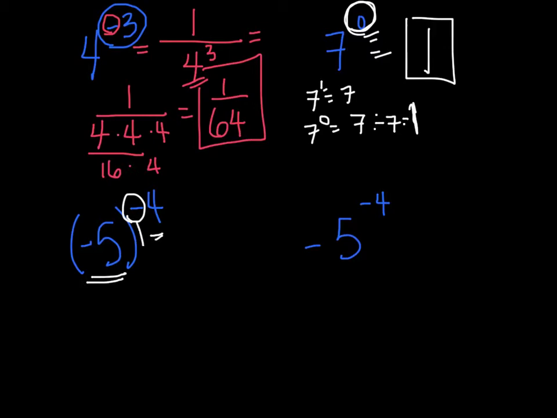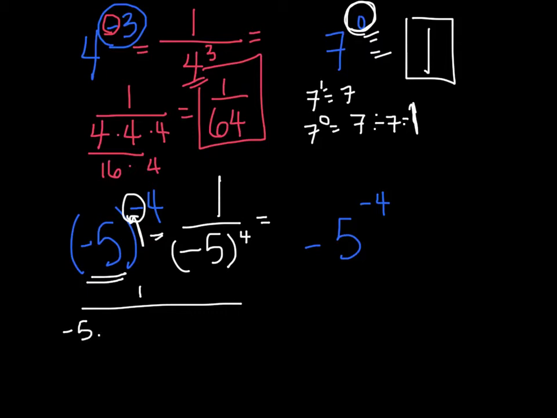And this negative exponent is telling me that this negative 5 is in the wrong place, so I can essentially say 1 over negative 5, I'm going to keep it in parentheses, raised to a positive 4th power is what we're looking at. So now I can rewrite this as saying 1 over negative 5 times negative 5 times negative 5 times negative 5.